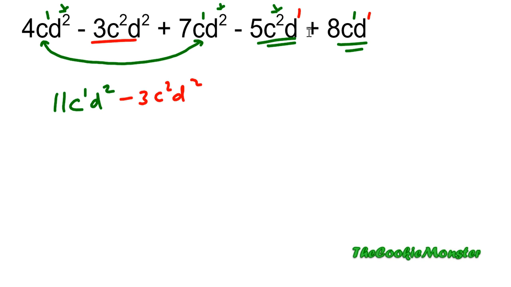So you're going to keep them exactly as they are: 5c squared d to the first, plus 8c to the first d to the first. That's all you can do with that one. Only one thing can be combined. The rest of them cannot be combined.